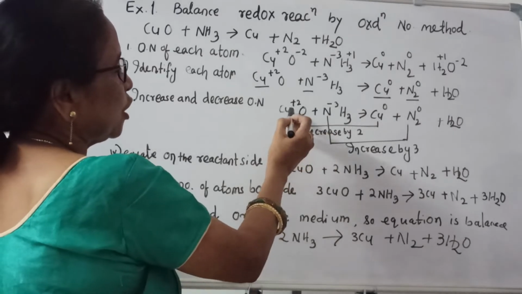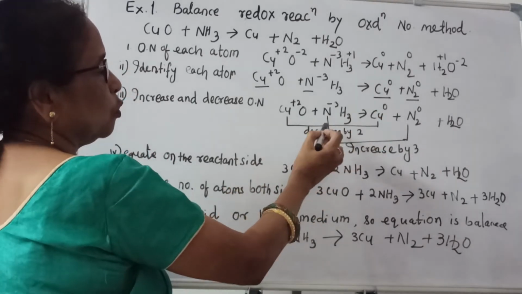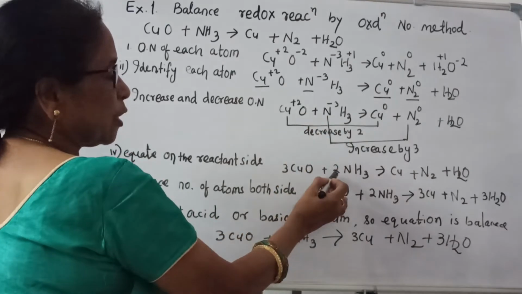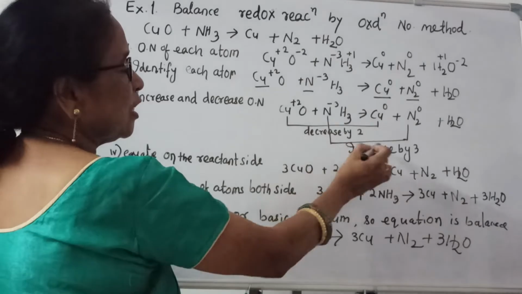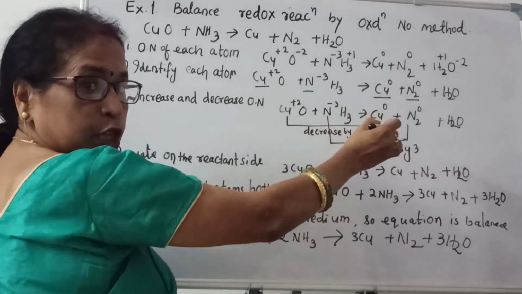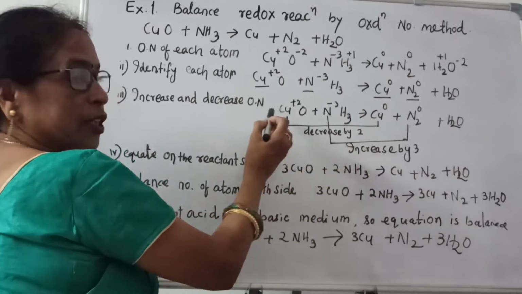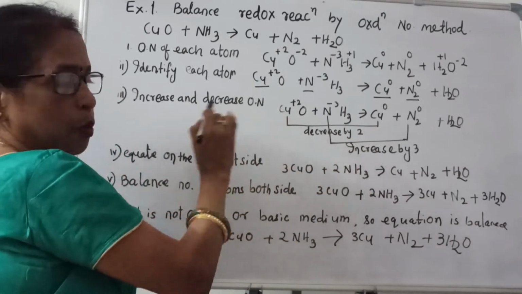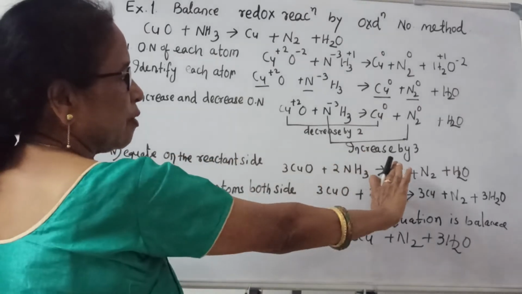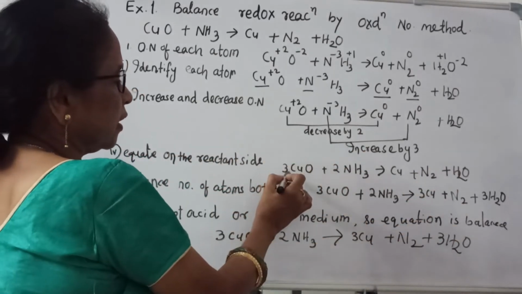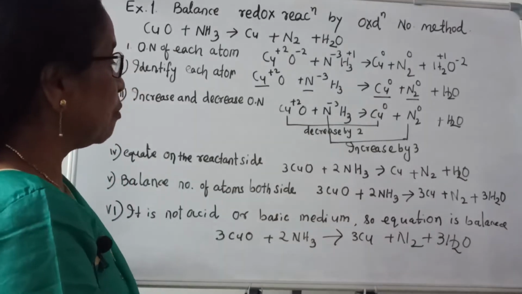Again, Cu plus 2 changes to Cu 0, a decrease of 2, so 2 is multiplied with ammonia, and nitrogen minus 3 to 0 is an increase of 3, that is why 3 is multiplied with CuO. So what is the equated reactant side? Forget the product side. Here it is 3 CuO and 2 ammonia.